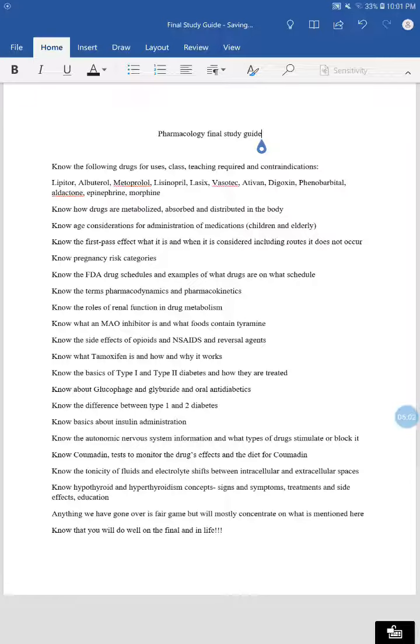Know the basics about insulin administration. We've talked about which ones are cloudy versus which ones are clear. Know which ones you can mix in the same syringe versus not mix at all. Know when you can give certain insulins and what teaching would be required for the patient receiving that.